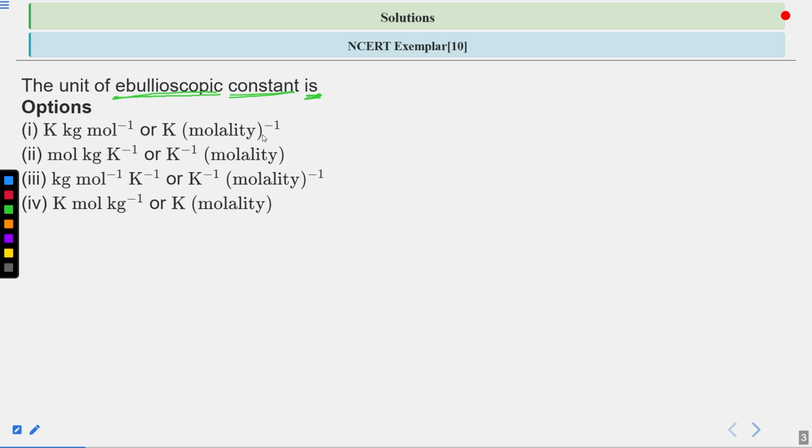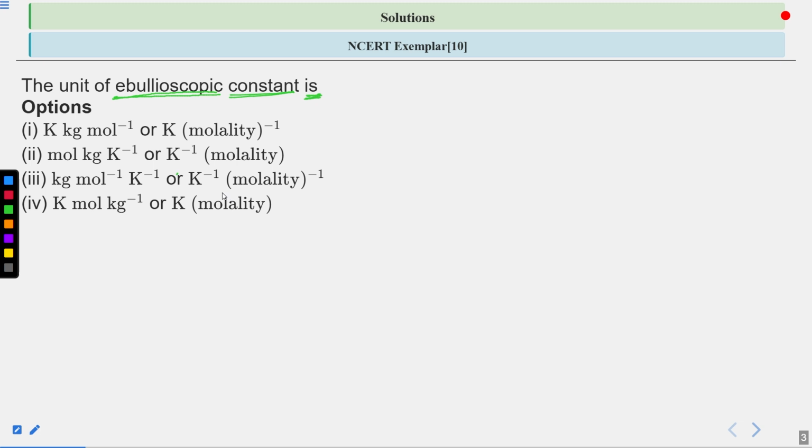Now, what is the ebullioscopic constant? It is basically Kb, K subscript B. Now you have to identify the unit of that constant, and the options given are: first, Kelvin kilogram mole inverse or Kelvin molality inverse; second, mole kg Kelvin inverse or Kelvin inverse molality; third, kg mole inverse Kelvin inverse or Kelvin inverse molality inverse; fourth, Kelvin mole kg inverse or Kelvin molality.